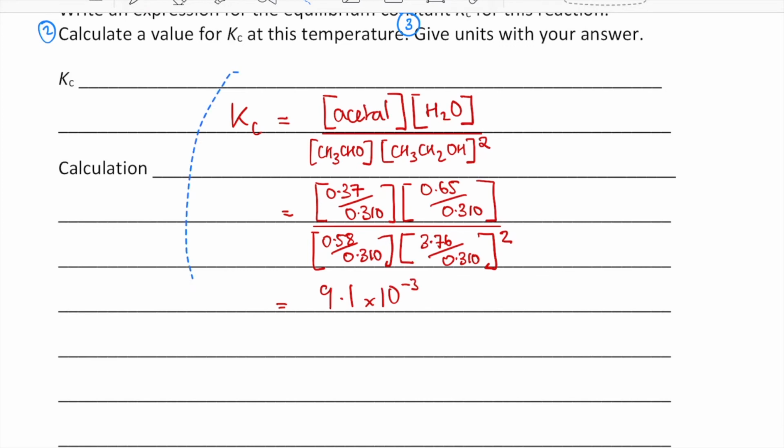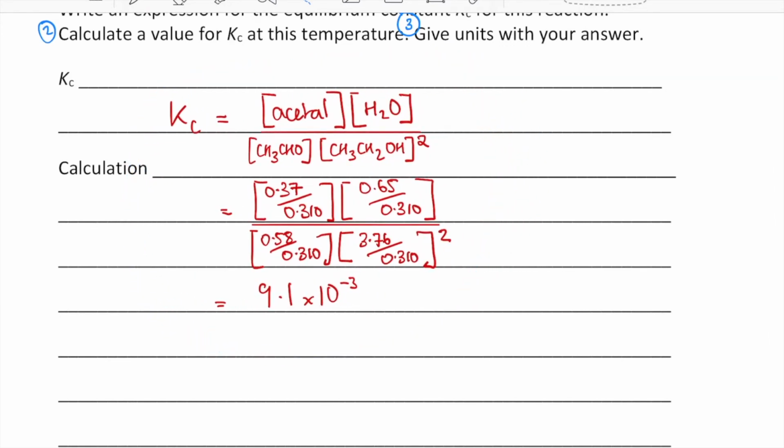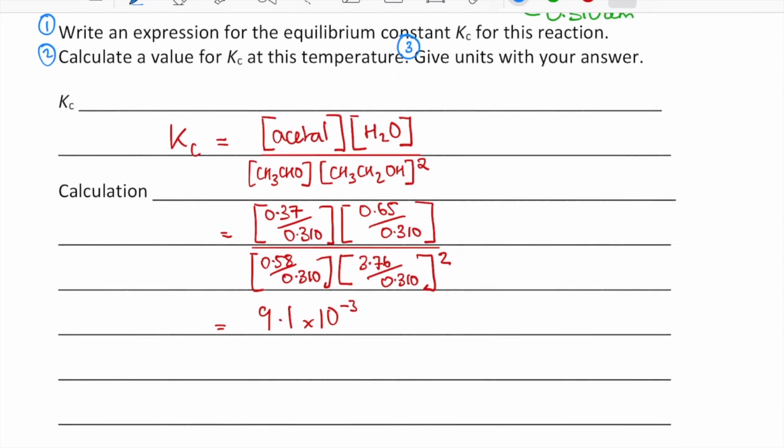Okay, so I'm just going to move that over to the side. And let's just see what we've done so far. Well, we have done the expression, and then we have done the calculation, but we've still got the units to go. So thinking about the units, what we do is we put the units for each of the terms in, and then we cancel them out.